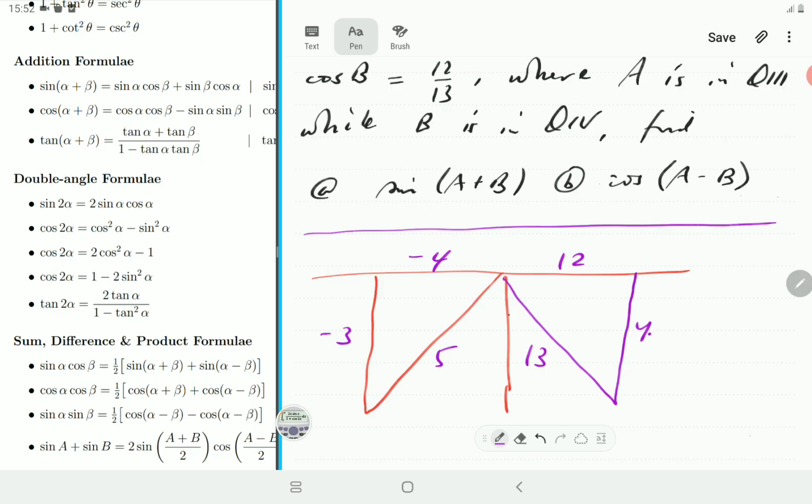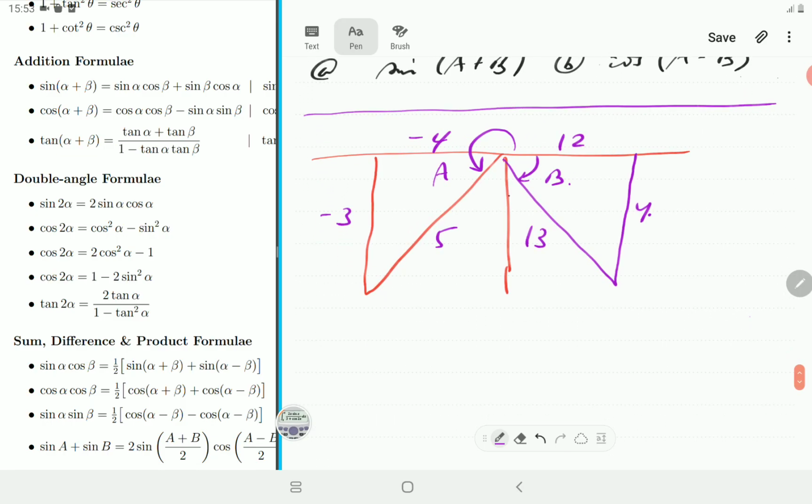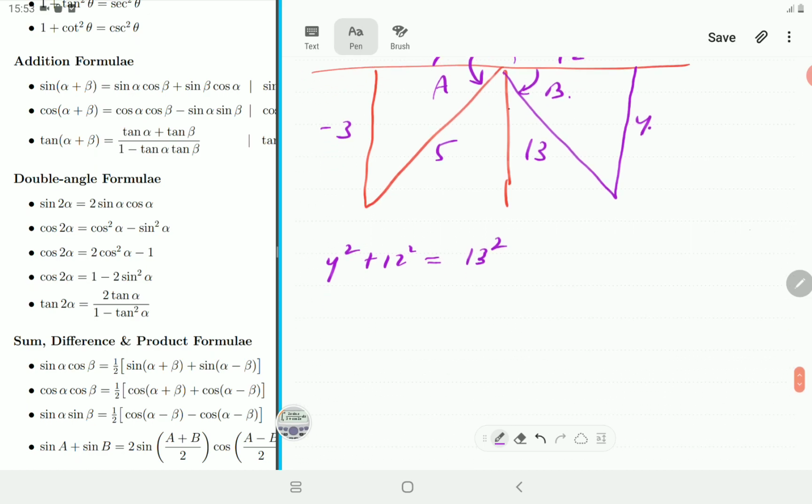So we need to find y here. So this here is A. I'm just going to do B this way. So that's B. Okay, so let's find y. So by Pythagoras, y squared plus 12 squared is 13 squared.